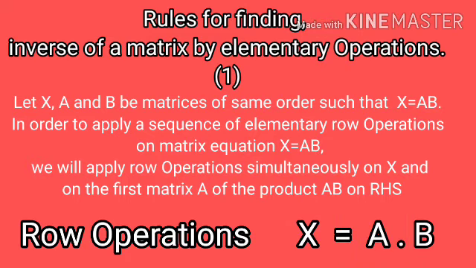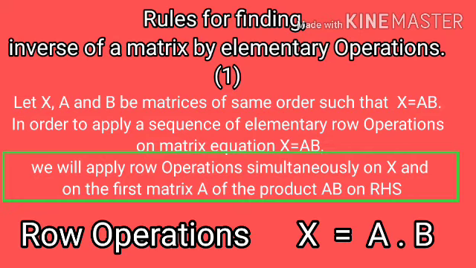Now rules for finding the inverse of a matrix by elementary operations. Let matrices X, A and B be the matrices of same order such that X is equal to AB. In order to apply the sequence of elementary row operations on matrix equation X is equal to AB, we will apply this row operation simultaneously on X and on the first matrix A of the product AB on the right hand side.